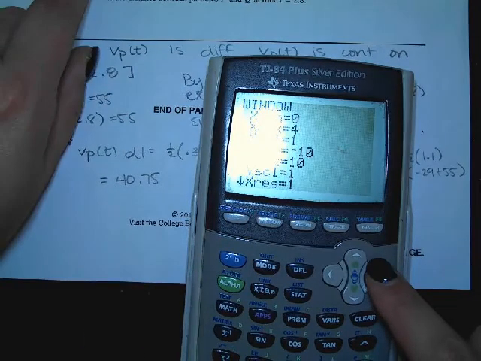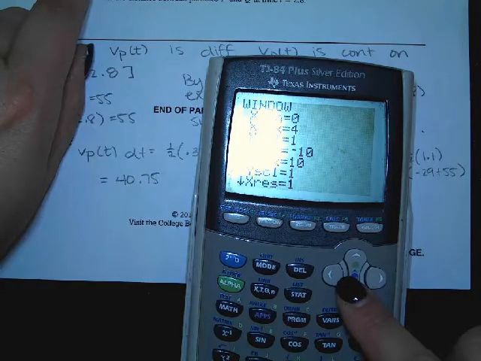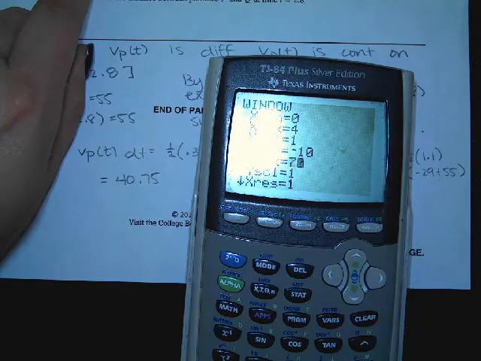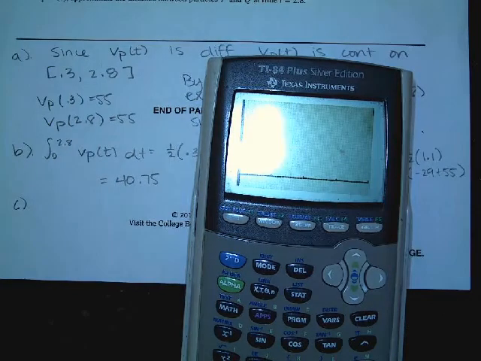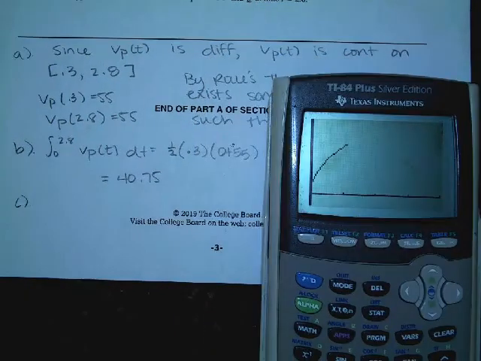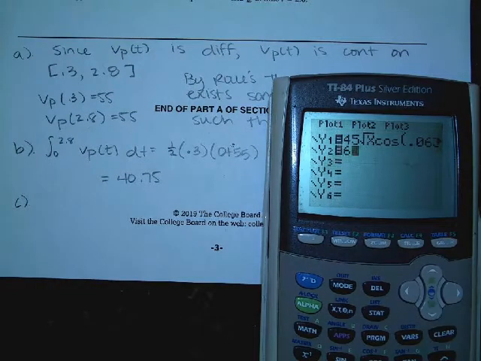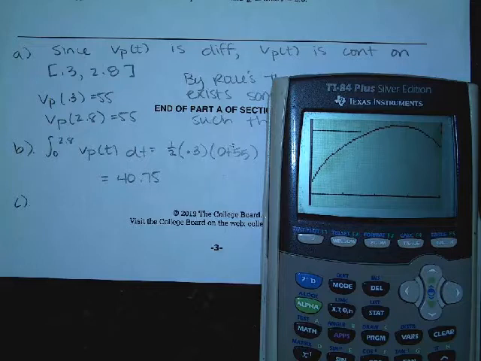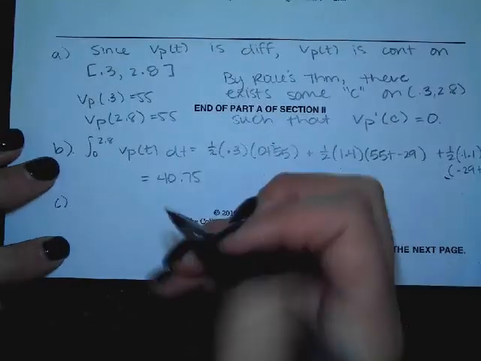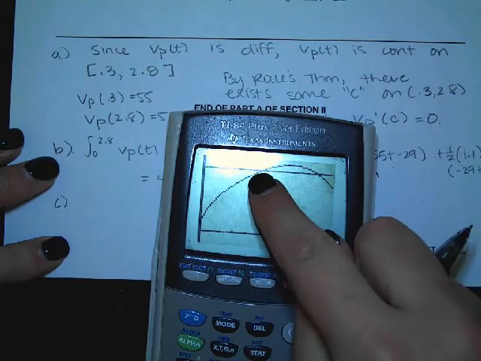They said when it's at least 60 meters per hour, so I know I need to go above 60, maybe to 70. There were enough clues in there that I didn't really need to find my own window. Okay, so we want to know when that is greater than 60, so I'm going to put that horizontal line at 60 in there.